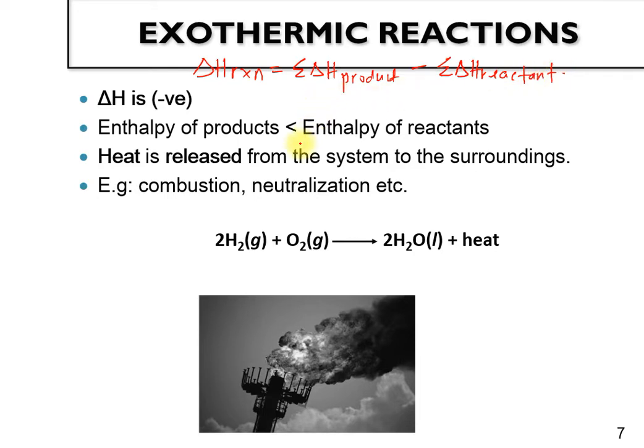Since the system releases heat, it means we have enthalpy of products with a lower value, and a higher value for reactants. Lower value minus higher value of reactants, then we will get the negative enthalpy of reaction.